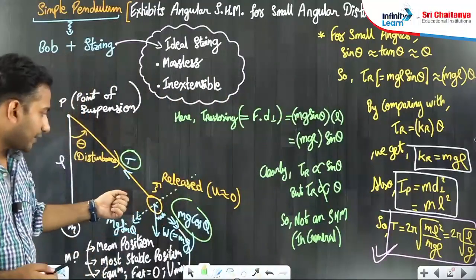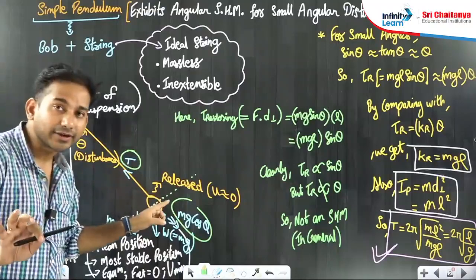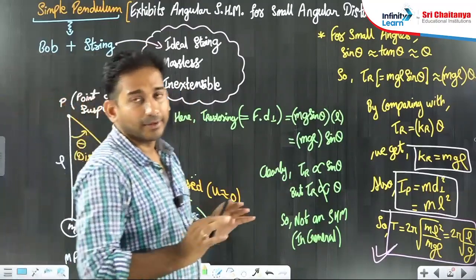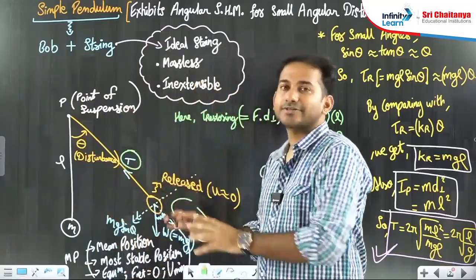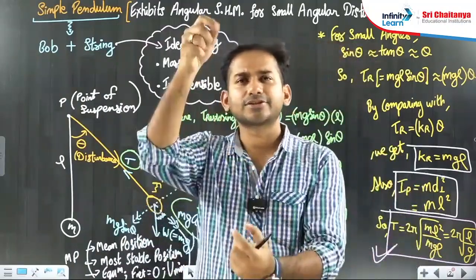Because of the load, it's not an ideal string. If it were an ideal string, then you would say it is inextensible. But with a real string, we are talking about practical physics. So due to load, there will be some extension produced.